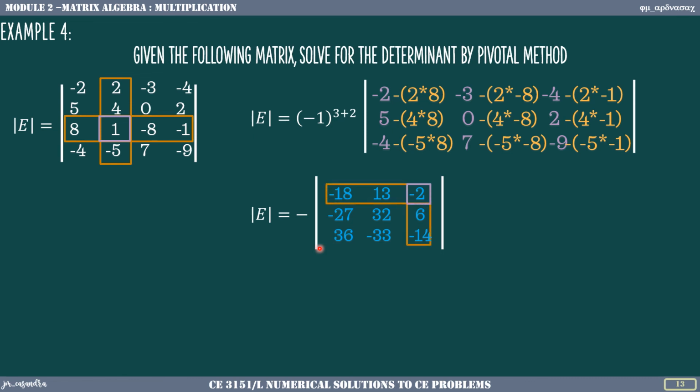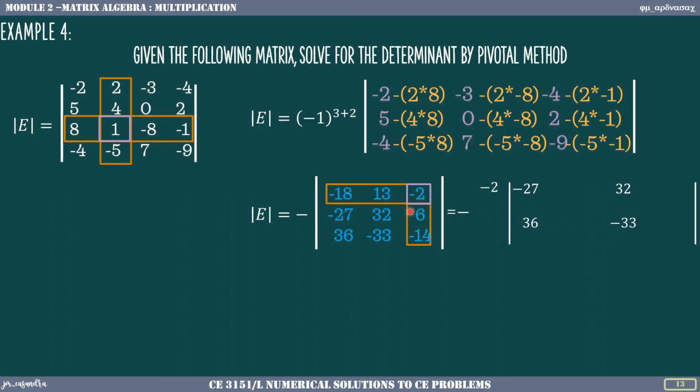In this case, I'll be choosing element 1, 3, so that's negative 2. So what I will do is to take out negative 2, and then write the minor matrix of the chosen element. And we have negative 27, 36, 32, and negative 33.